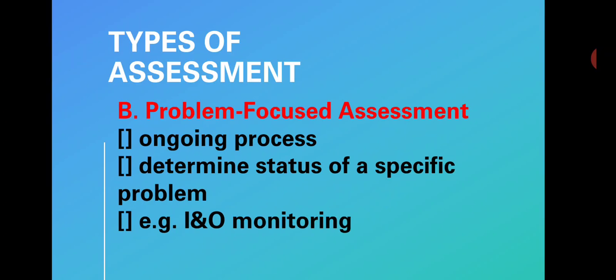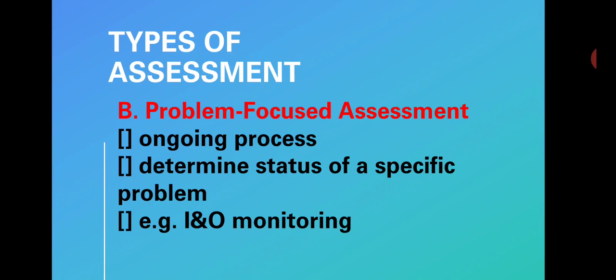Let's say your focus is oliguria. You noted that your patient has oliguria at 8 a.m. Later on, as part of your nursing intervention, you encourage the patient to increase fluid intake. From 8 a.m. to 9 a.m., then later on, for example at 10 a.m., you check the output of your client.